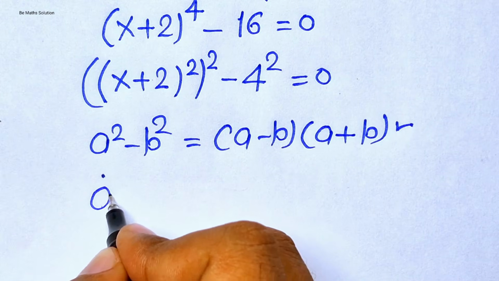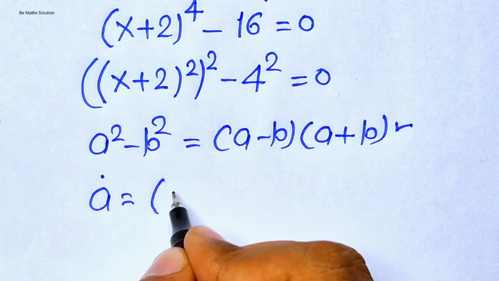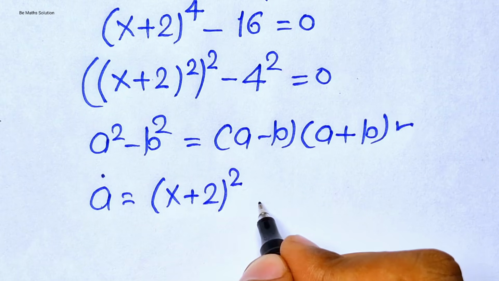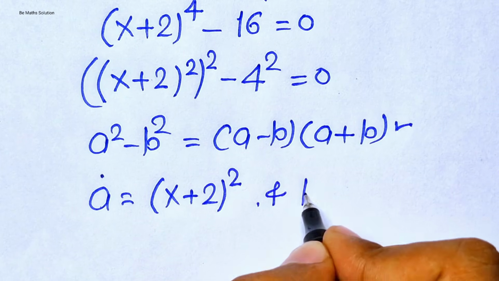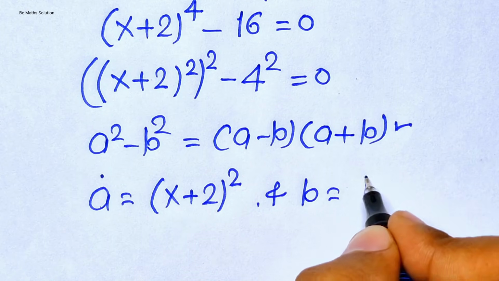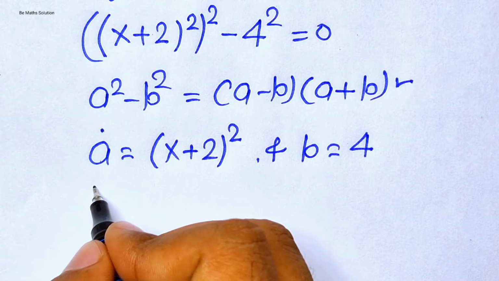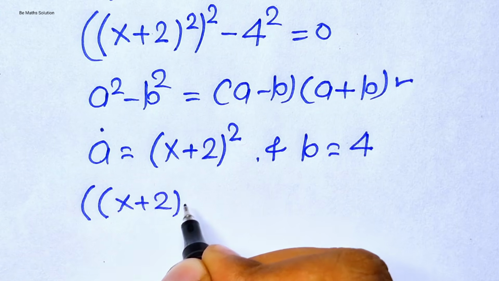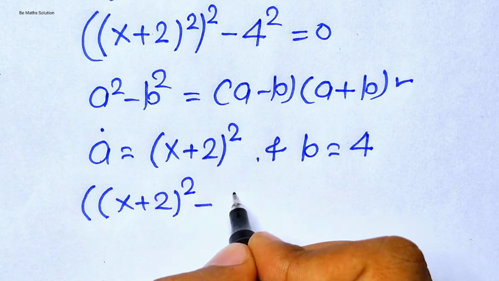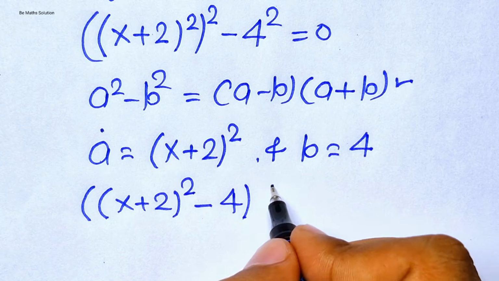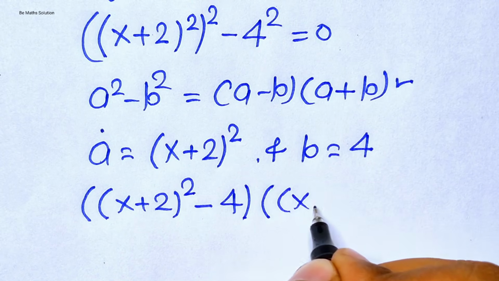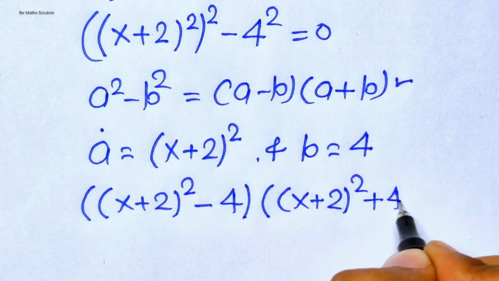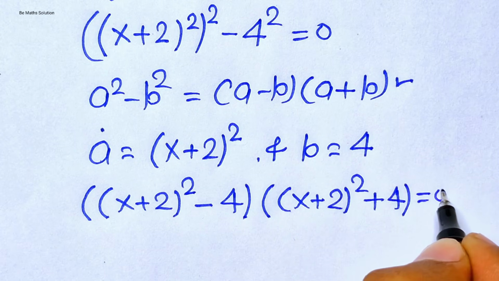Here a is equal to (x + 2)^2 and b is equal to 4. So it will be ((x + 2)^2 - 4) times ((x + 2)^2 + 4) is equal to 0.